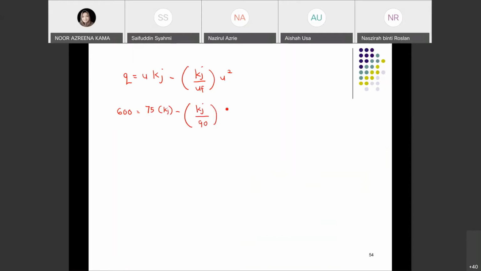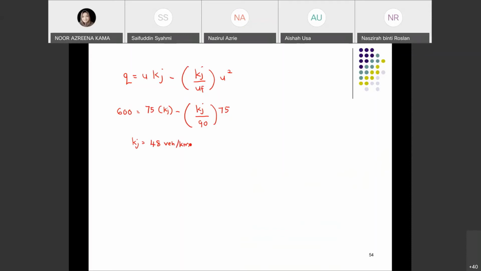U kita pakai U1 dulu, 75. So berapa KJ? Dapat berapa KJ? Yang lain pun boleh tolong kira. Rearrange the formula. So 48 vehicle per kilometer.